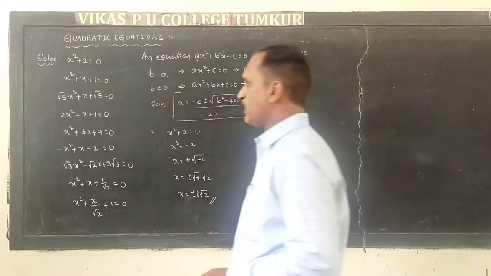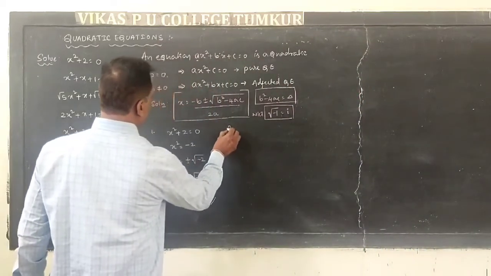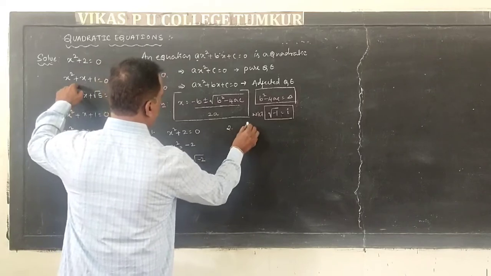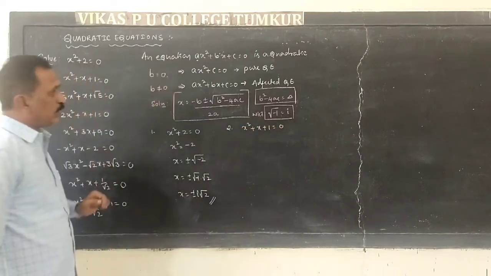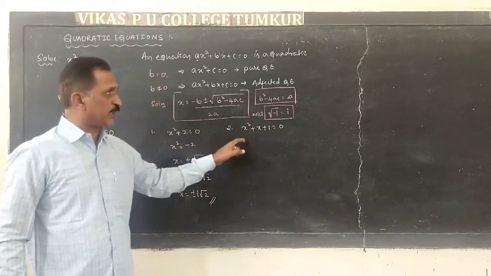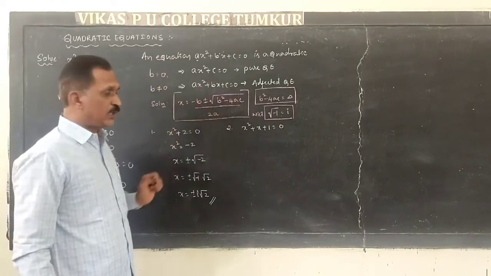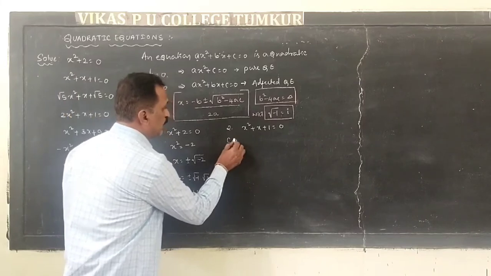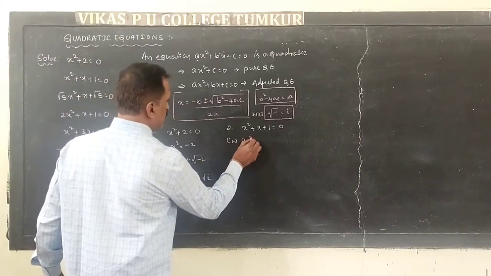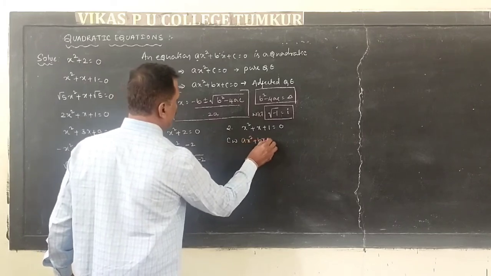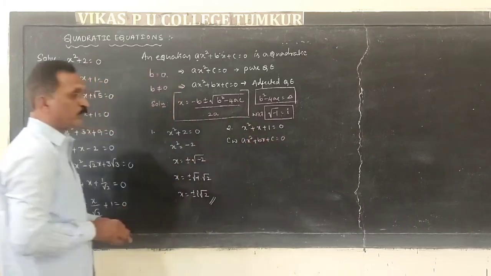The second example is x square plus x plus 1 is equal to 0. Remember, it is an affected quadratic equation, not a pure quadratic equation. We compare this equation with the standard equation ax square plus bx plus c is equal to 0.